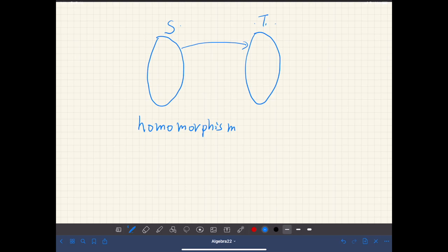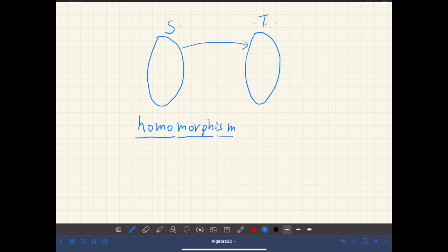This word is made of two parts, homo and morph, and -ism, actually. Homo means the same in Greek, and morph means the shape or structure. So basically, this is a mapping that conserves the structure of a group.